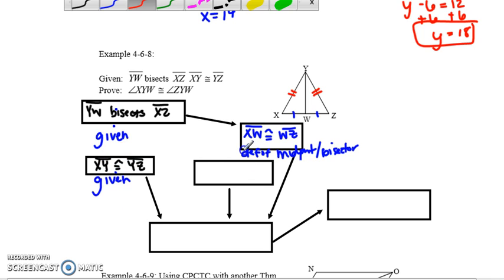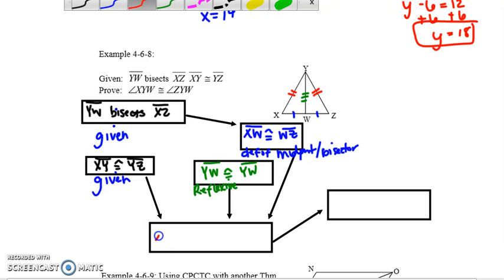So next, we are going to look for anything else we can use to prove these triangles congruent. So it looks like we need another side because we can't really get any angles. So this could be congruent to itself, and so that's YW, and that's reflexive. So now, with all three of these pieces, we can prove the triangles are congruent.